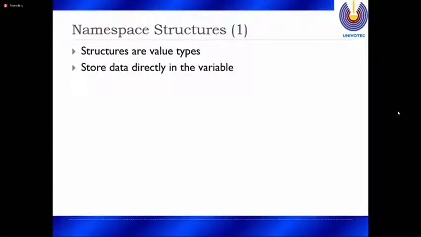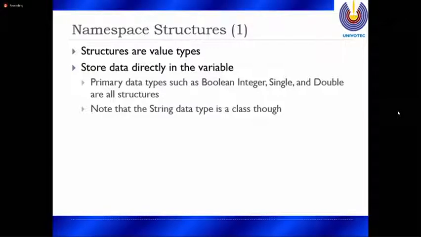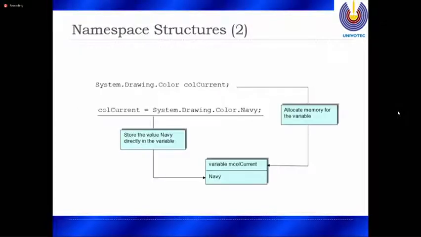You can store the data directly in the variable. Primary data types such as Boolean, Integer, Single and Double are all structure types. Note that the String data type is a class, so it is a reference type.